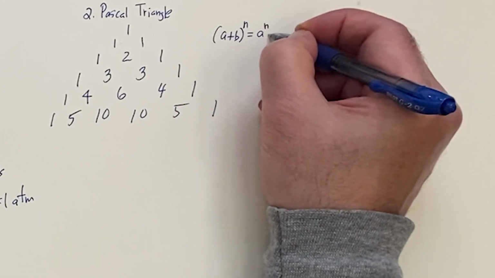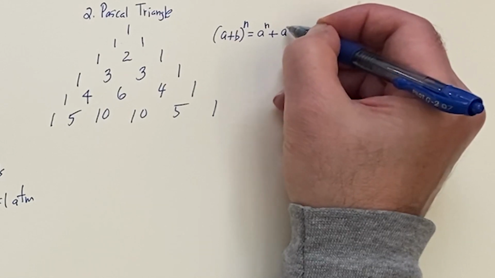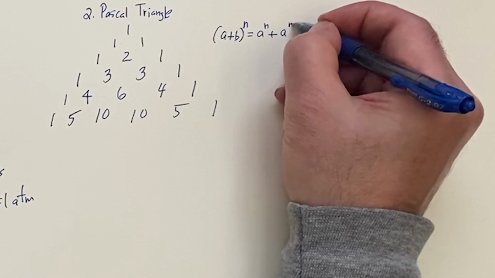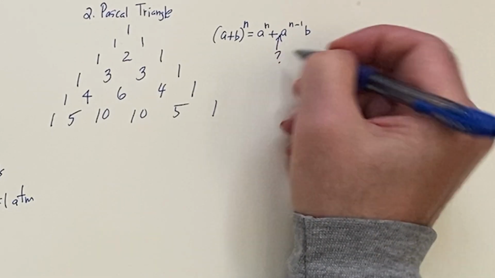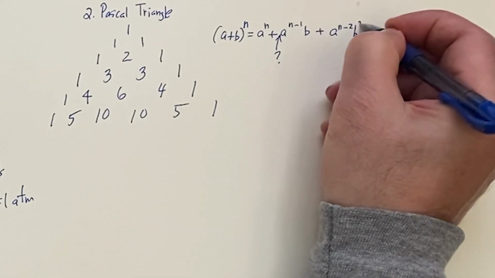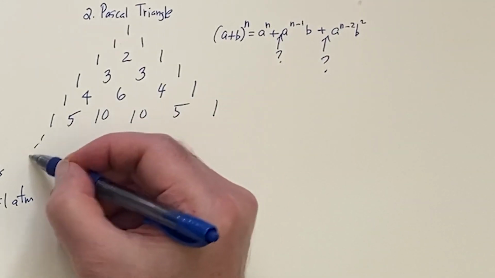Like if you have a to the n plus then a, let's say here, to the n minus 1, and b, what do you put here? What's the coefficient? And then when you have a to the n minus 2 and b squared, what do you put there? See.